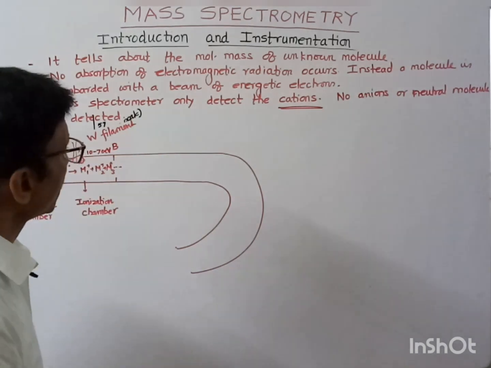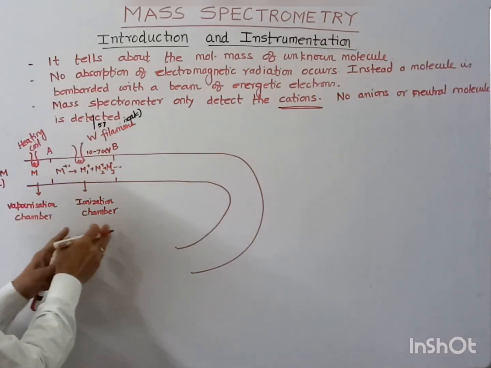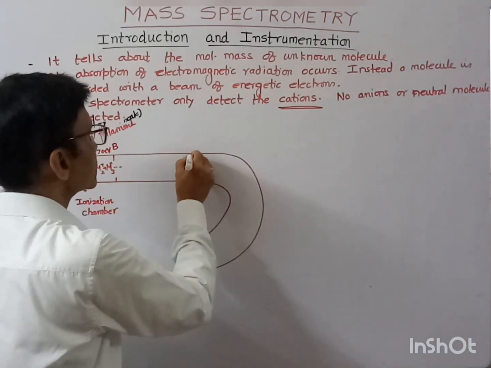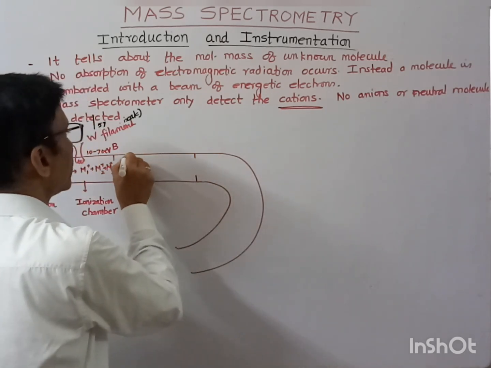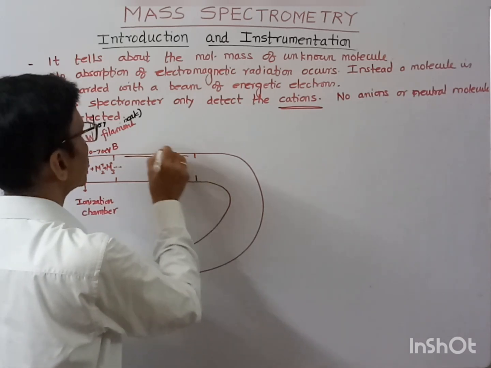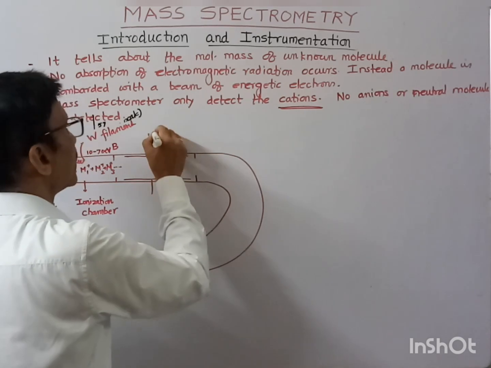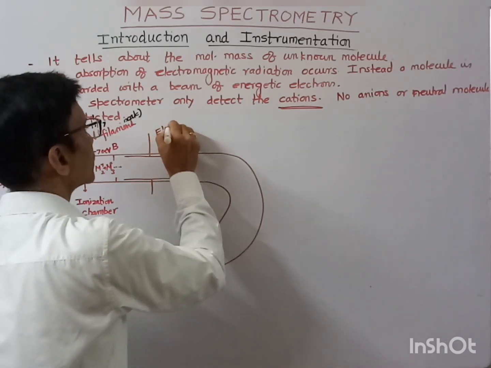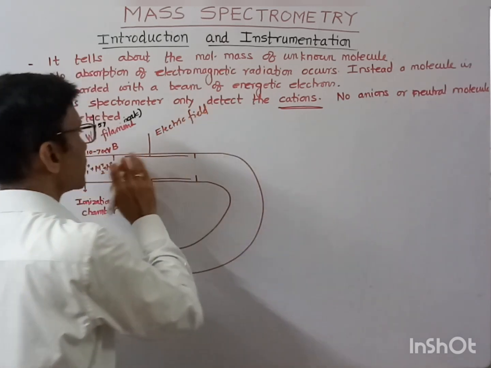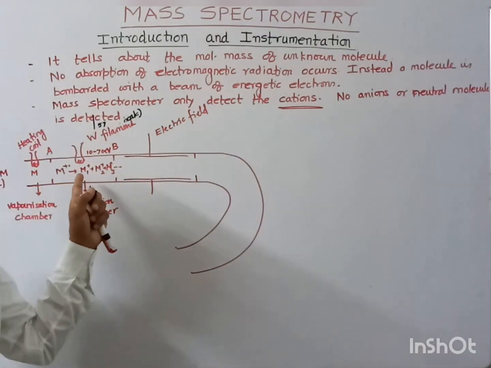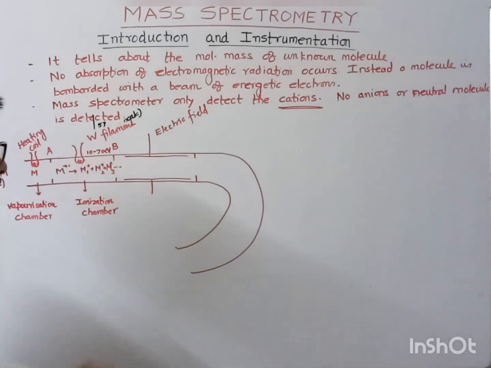The next part is the accelerating chamber. So this is the vaporization chamber, the ionization chamber, and next is the accelerating chamber. Here we have an electrode, and in the presence of this electric field, the positive cations move into this accelerating chamber.